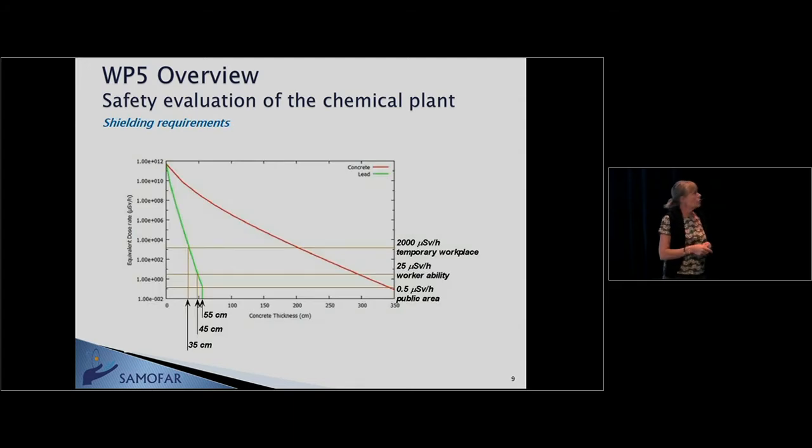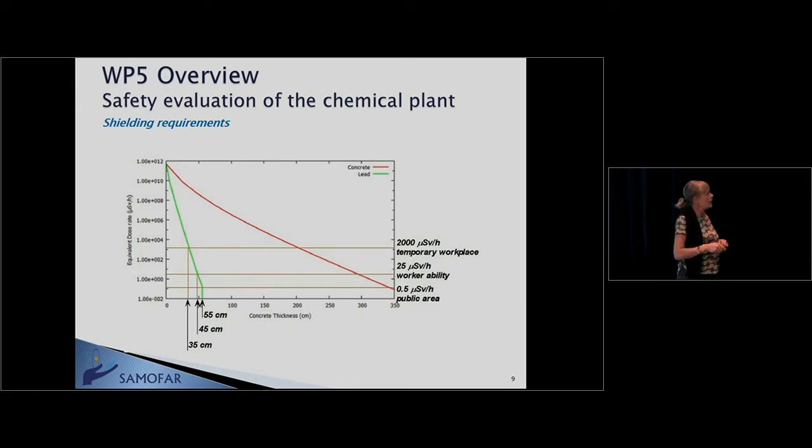Finally, shieldings were calculated. On this curve, we have the equivalent dose as a function of the thickness of concrete or thickness of lead. And here we have the legal limit for temporary workplace and public area. This was calculated in the place where the activity is highest, which is during the cooling phase.